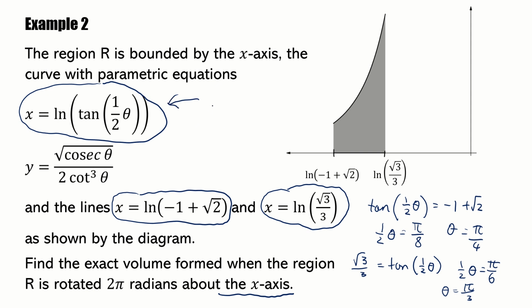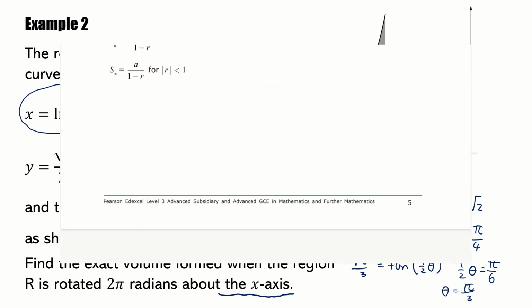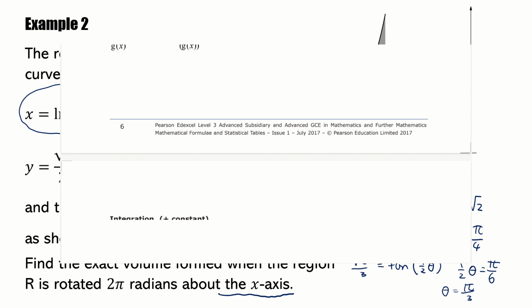Now, you could just go and try and differentiate ln of tan of a half theta yourself. You, of course, have to use chain rule in order to do that, but there is an easier way, because if you take a look at the Maths A-level formula booklet, you'll probably first scroll to the differentiation section, and you'll find ln of tan of a half theta is not there. Ooh.